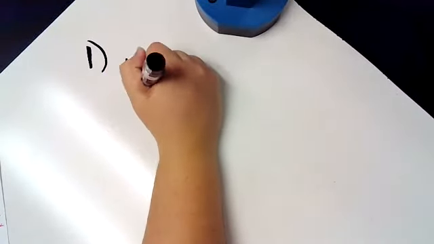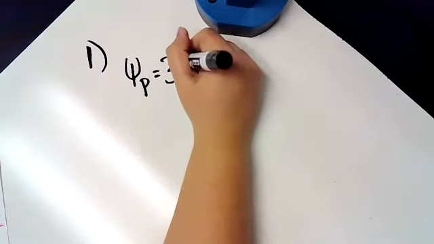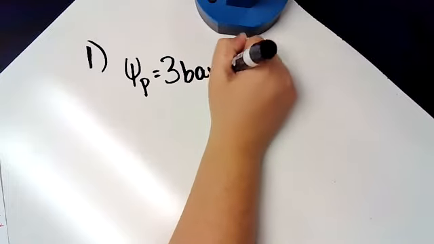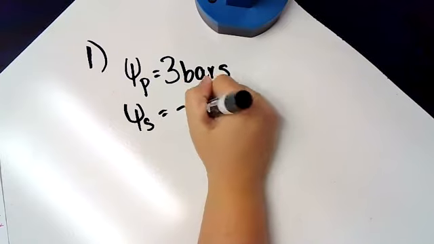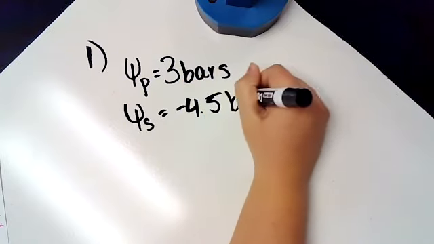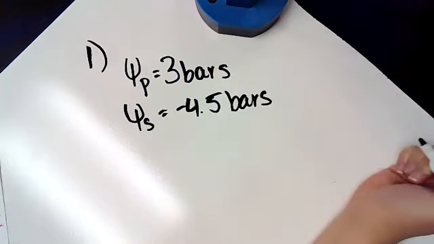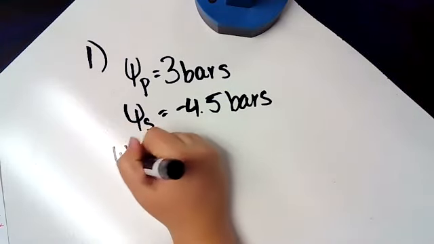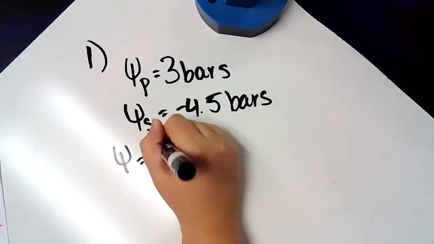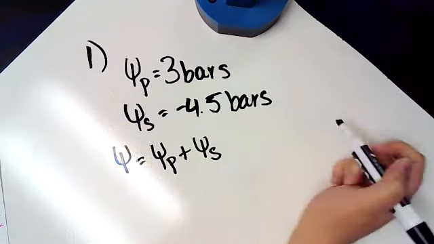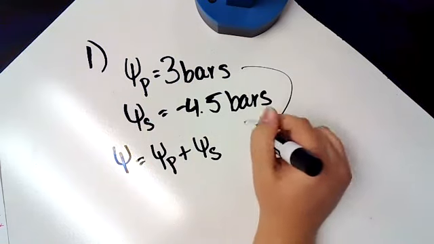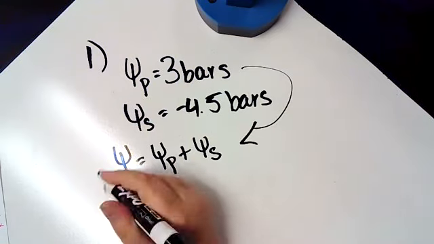So we have our pressure potential equals 3 bars. Our solute potential equals negative 4.5 bars. So then our equation is going to be water potential equals pressure potential plus solute potential. So then we're just going to plug these numbers into our equation there.